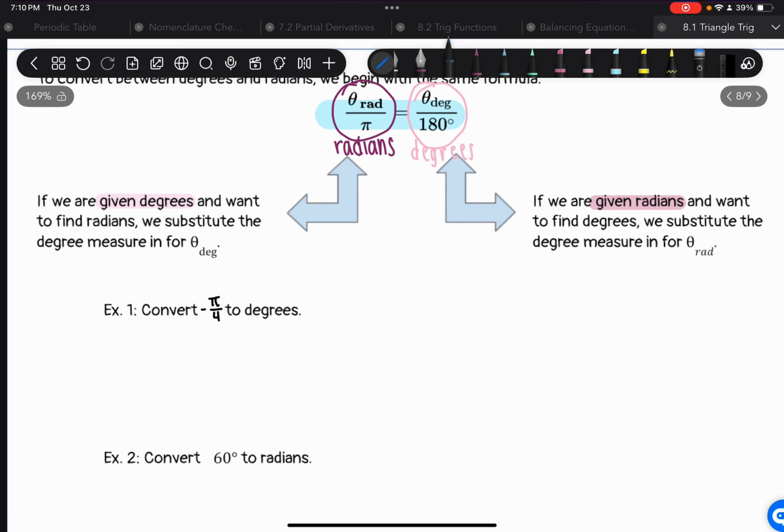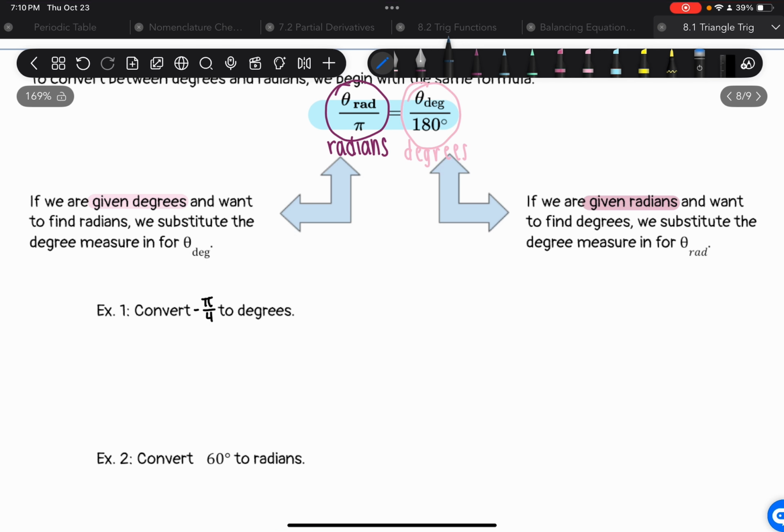Our first one is to convert negative pi over 4 into degrees. So I'm following my formula up here, which I'll actually write here so we can see. So it's theta radian over pi equals theta degree over 180 degrees.